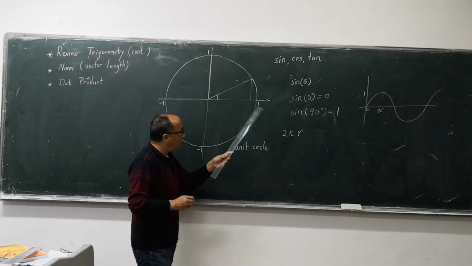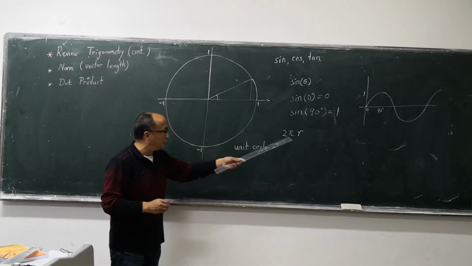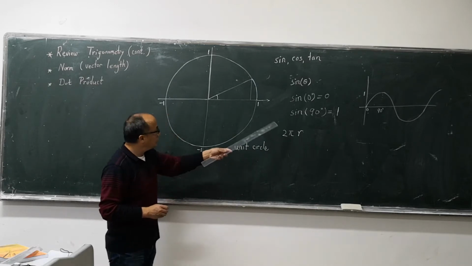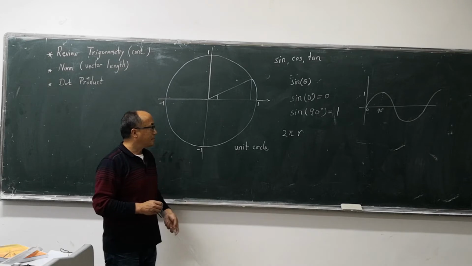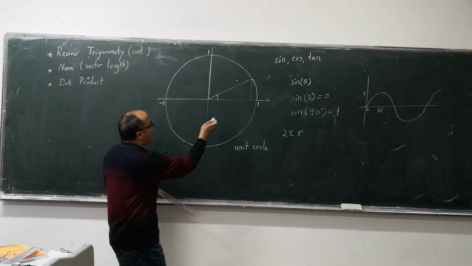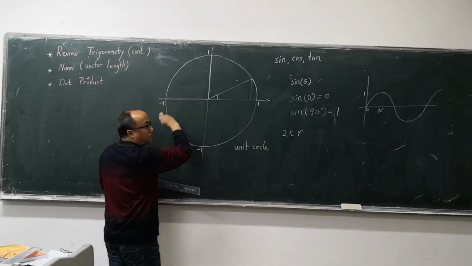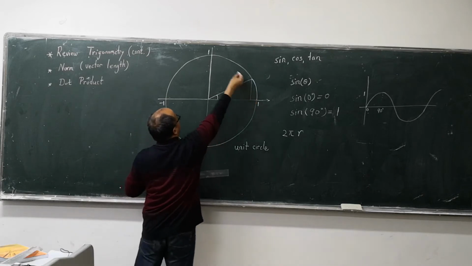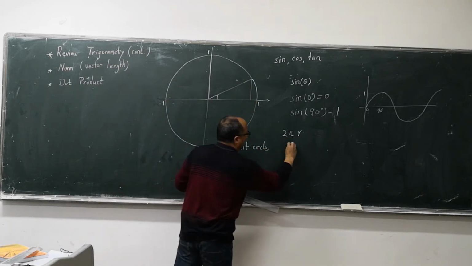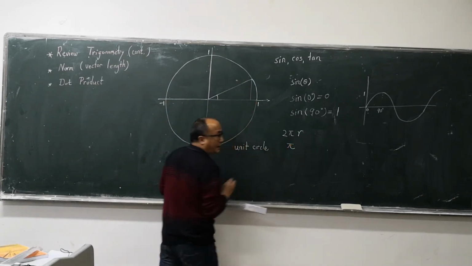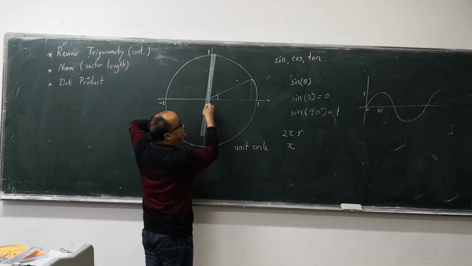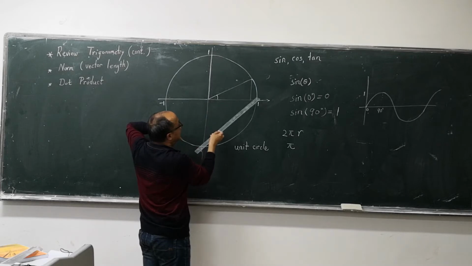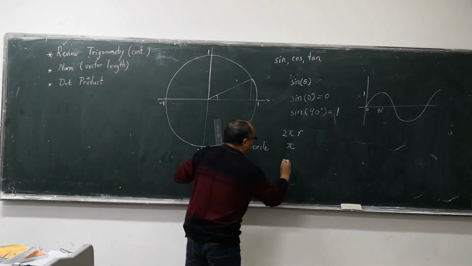We are always taking advantage of r being 1. So the circumference is 2 pi. And half is pi, from here to here. And a quarter, from here to here, is a half pi.